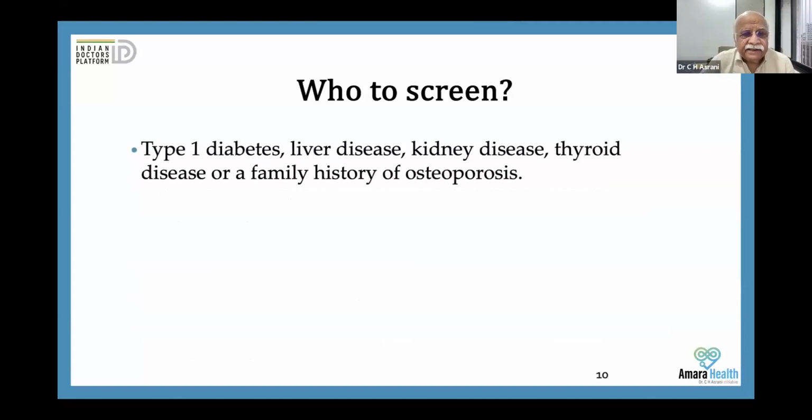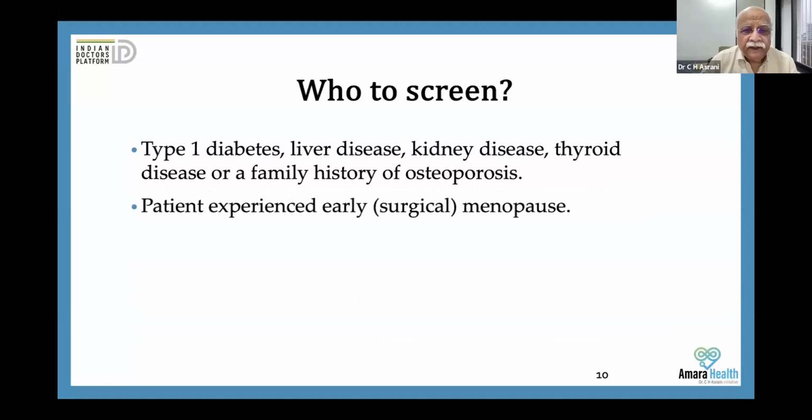Type 1 diabetes, chronic liver disease, chronic kidney disease, severe hypothyroidism, hyperthyroidism, or a family history of osteoporosis should be screened. Patients who experience early surgical menopause, who underwent hysterectomy with bilateral oophorectomy, you should screen early.